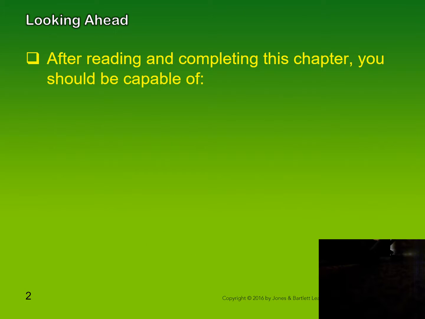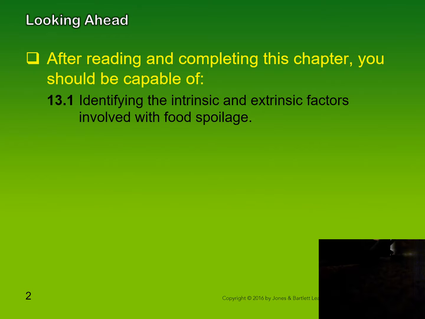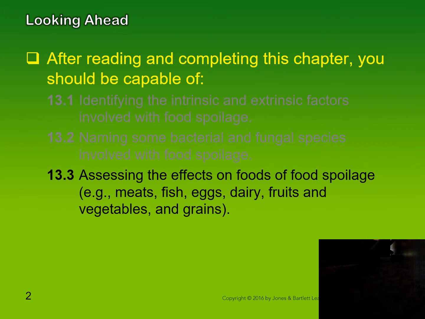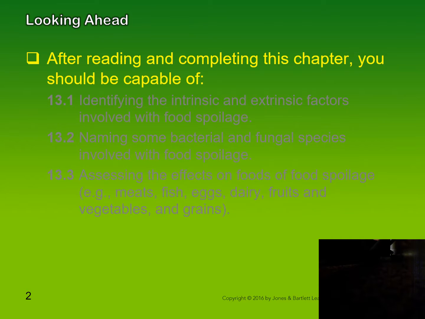So after reading this chapter, we should be able to identify the intrinsic and extrinsic factors involved in food spoilage, name some bacteria and fungal species involved in food spoilage, assess the effects on food spoilage, for example, meats, fish, eggs, dairy, fruits, vegetables, and grains.